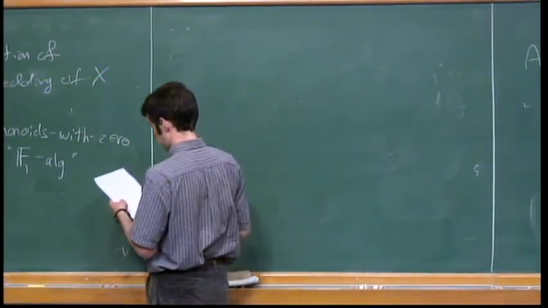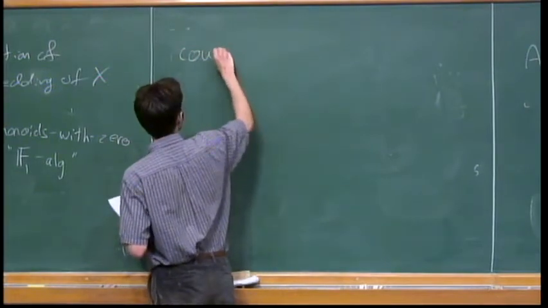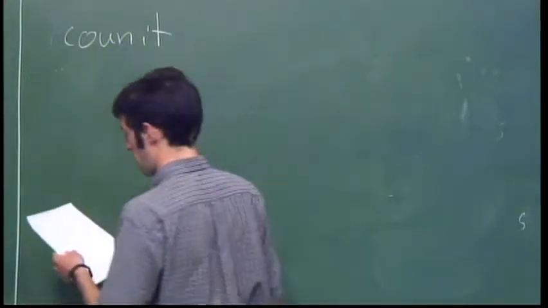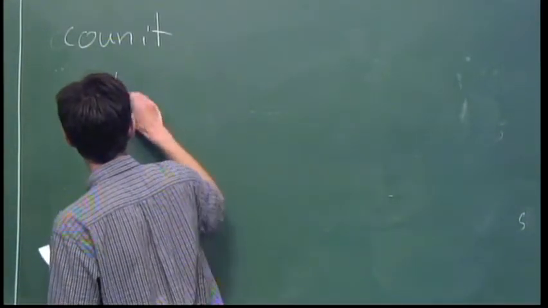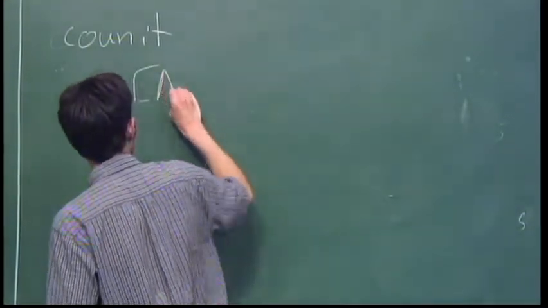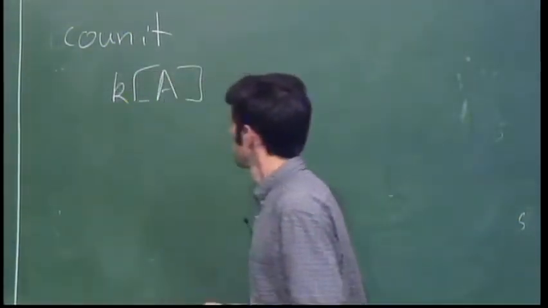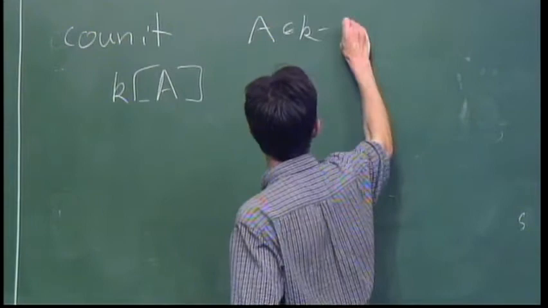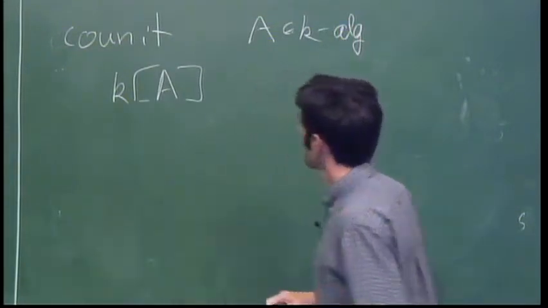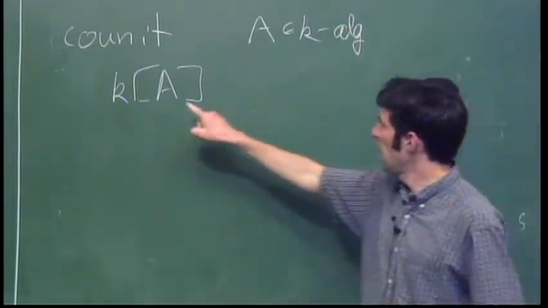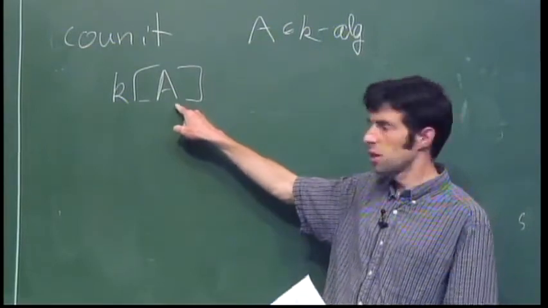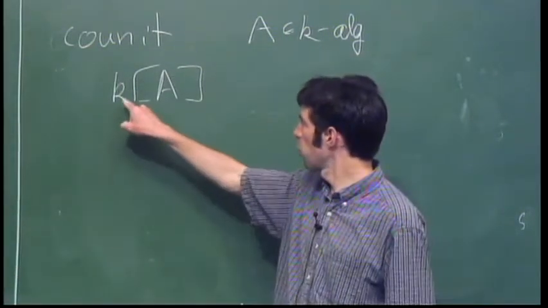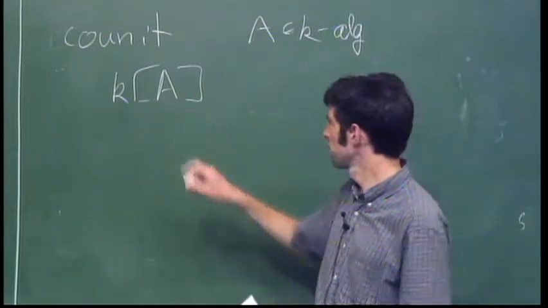So the co-unit for this adjunction is the map which goes from, so we take a K algebra A, given a K algebra A, I regard it as just a multiplicative monoid, and then I hit it with this base change back to K algebras, so I form K adjoin A.